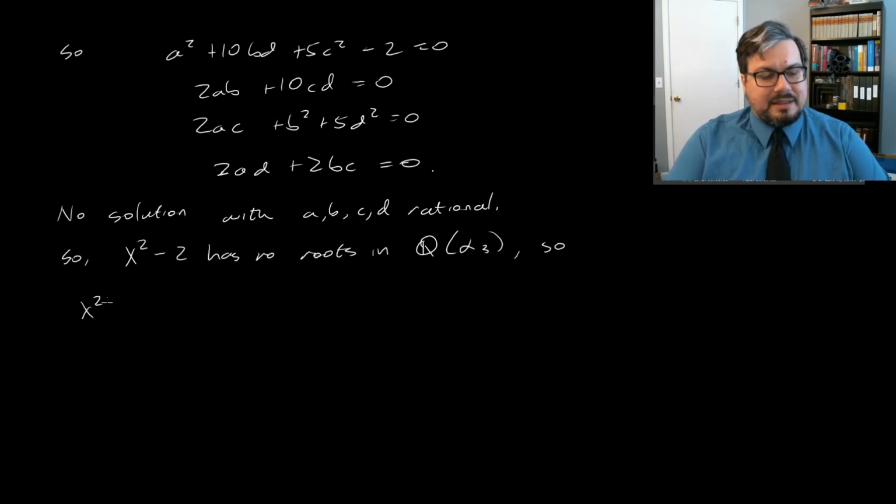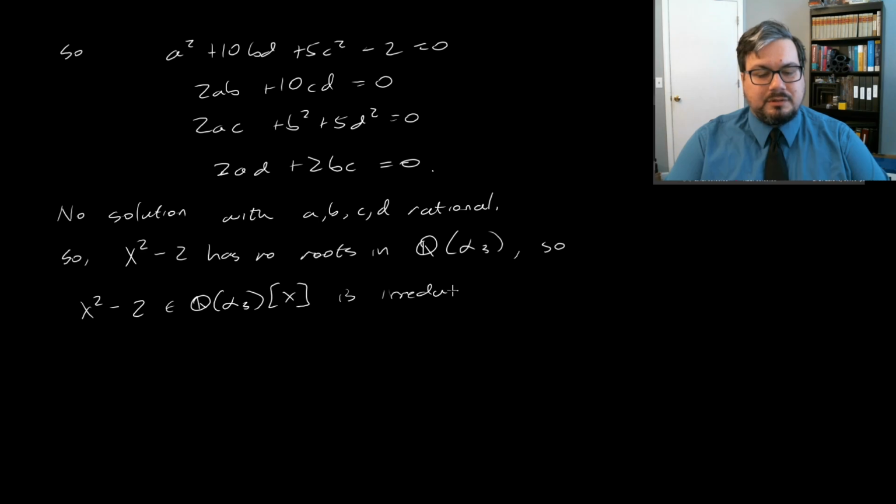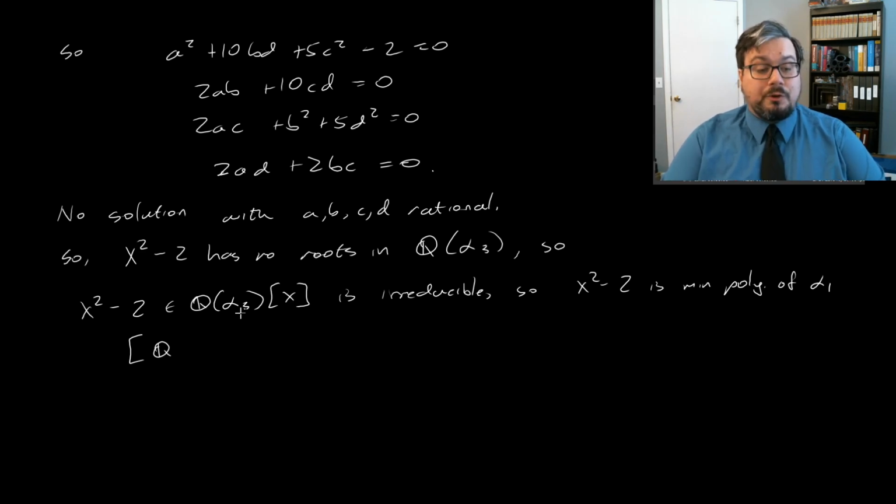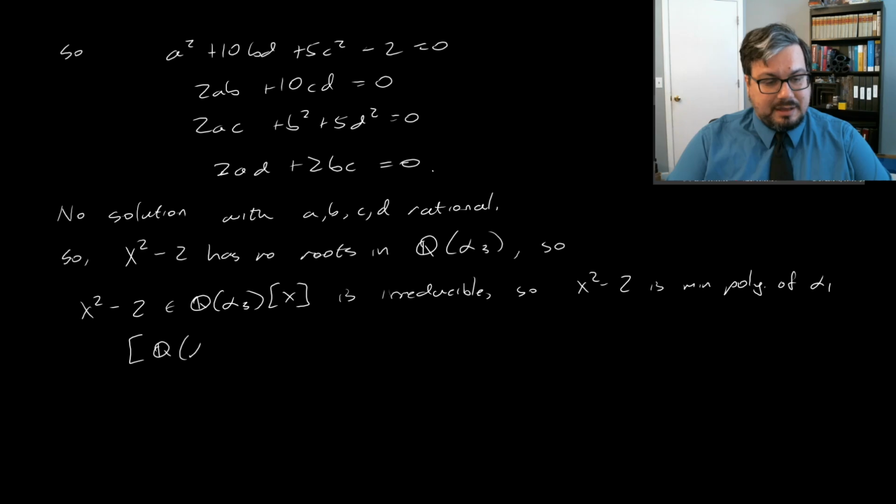So that means that the polynomial x squared minus 2 over Q(alpha 3) is irreducible. And so that means that x squared minus 2 is the minimal polynomial of alpha 1 over the field Q(alpha 3).